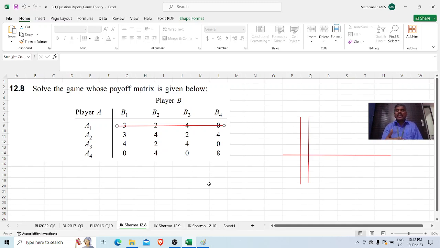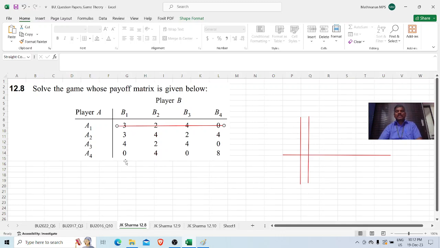So we will directly go to the strategies of player B. We'll see if any of these strategies are dominating the other strategy. We will look at the columns.